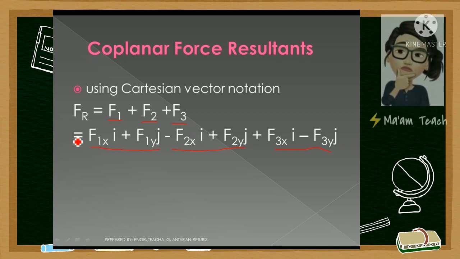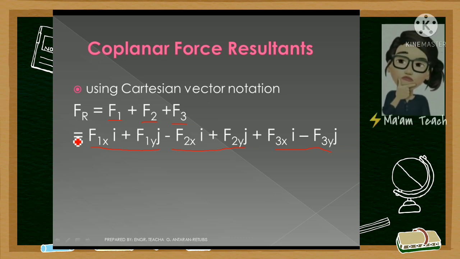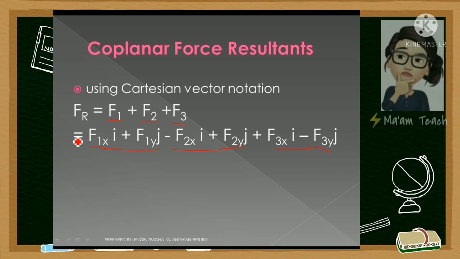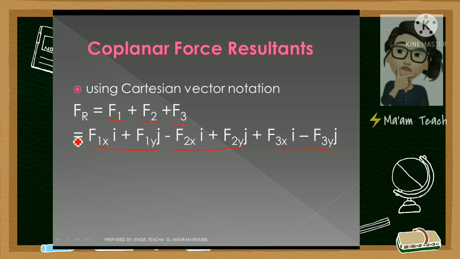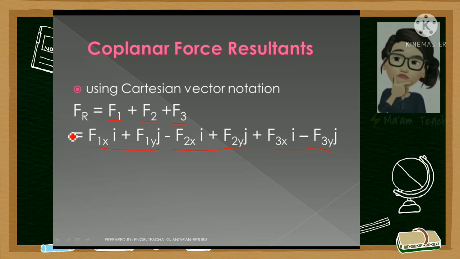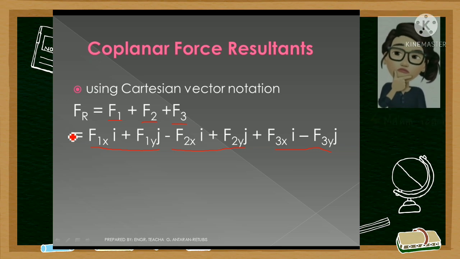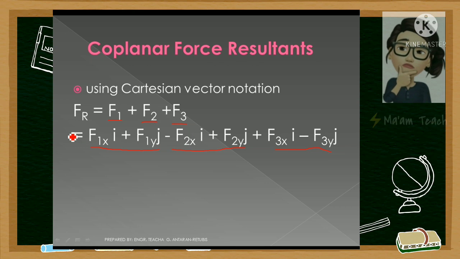We will just apply the same idea of similar terms as we know in algebra. We will add all terms that have i, and we will also add all the terms that have j.